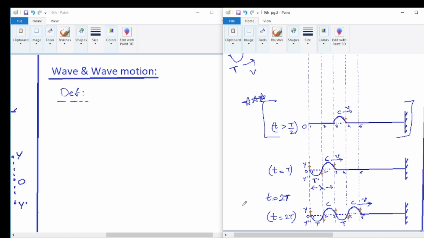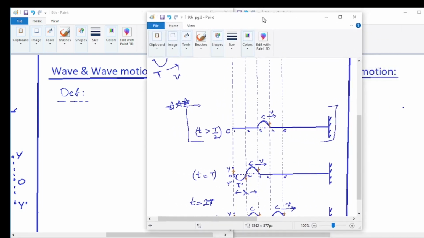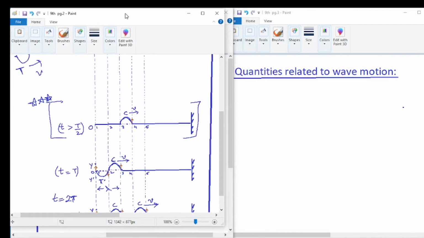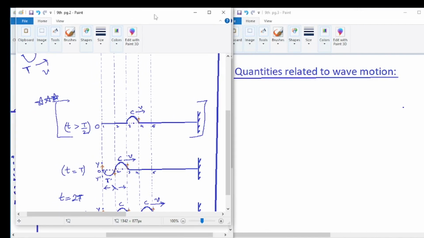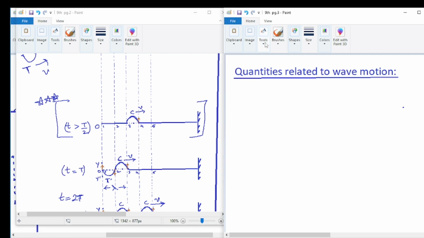So now going to the topic directly. Already I said the topic is quantities related to wave motion. Now this can carry up to 4 to 5 marks.